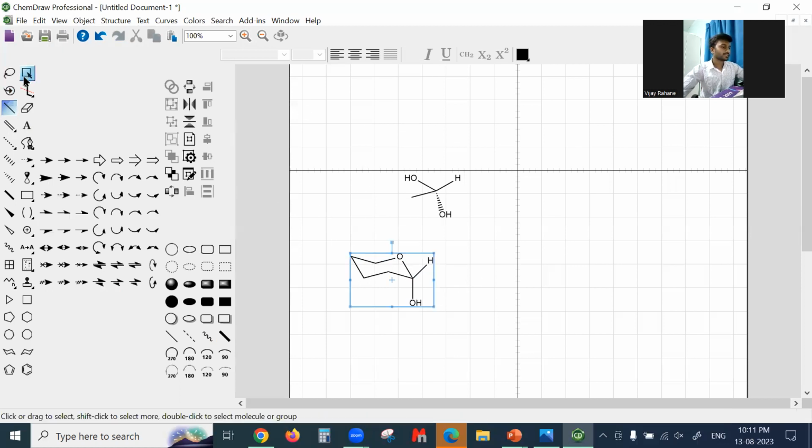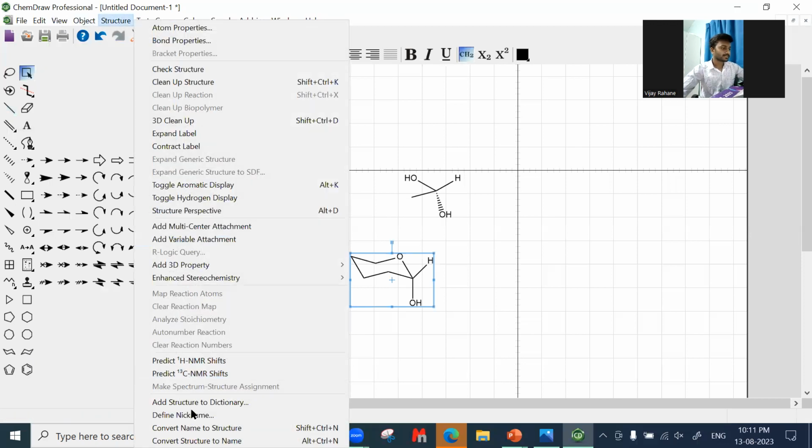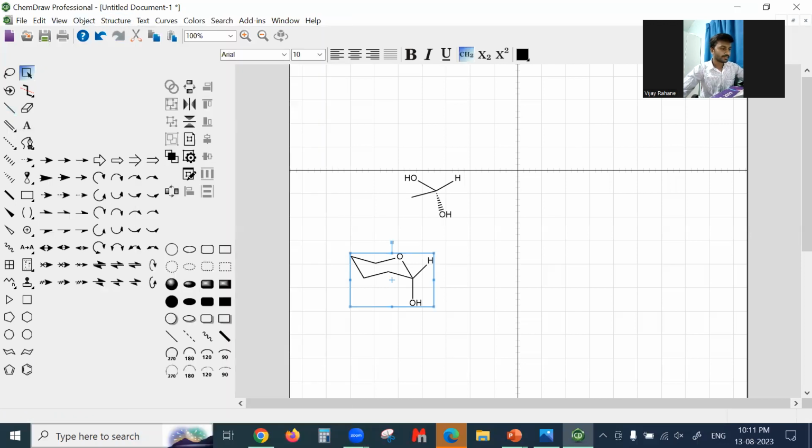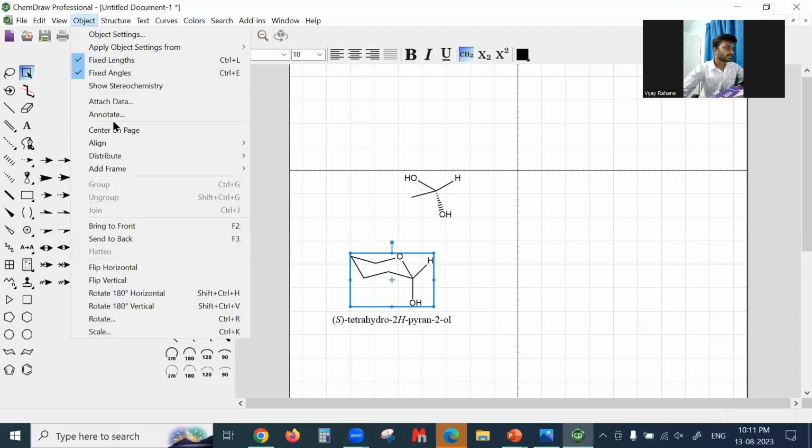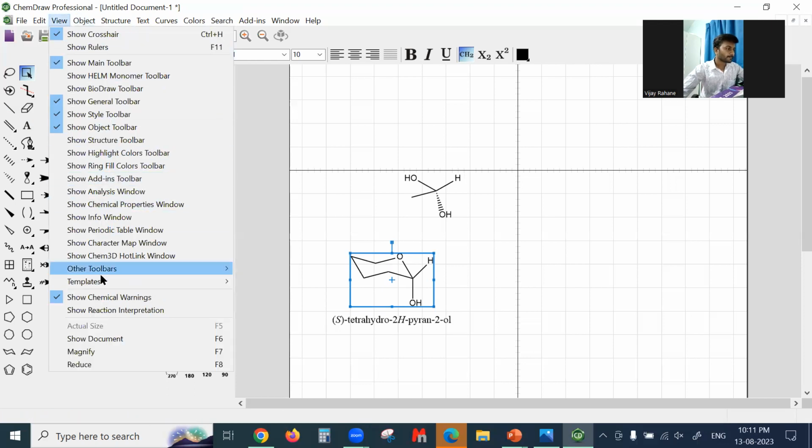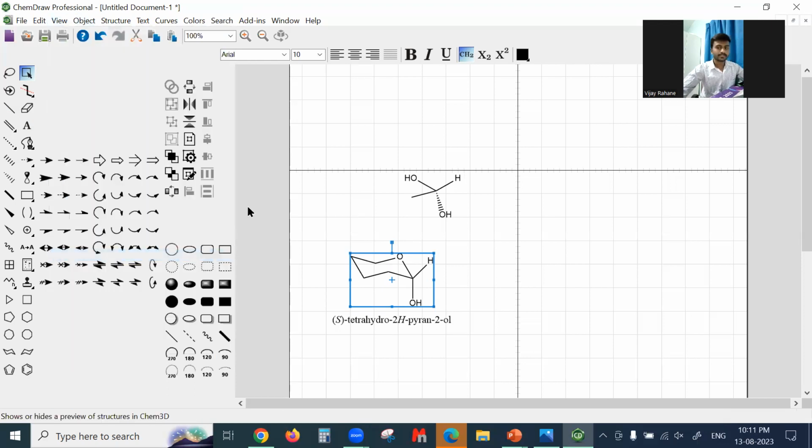If I just click on this and structure to name, see, this is the S configuration. So we have assigned it correctly. We can check it like this, and if we can see in 3D, I just want to show that. Yeah, this is the one.